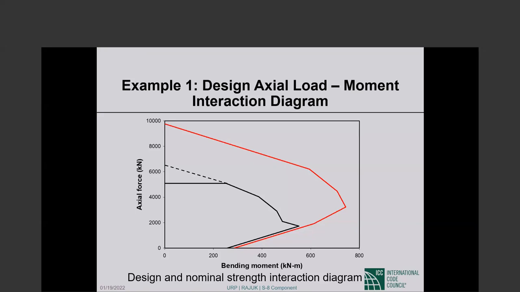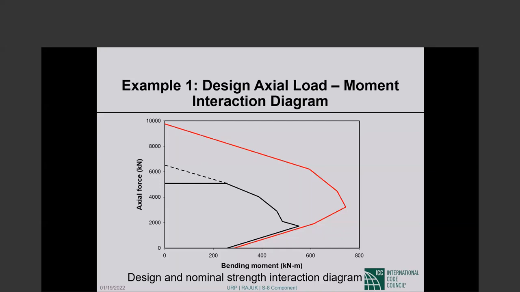You can use a compression splice in a column only if you are sure that there will be no tension in your column bar that you are splicing under any of the load combinations that you are considering in design. Please listen to me carefully.